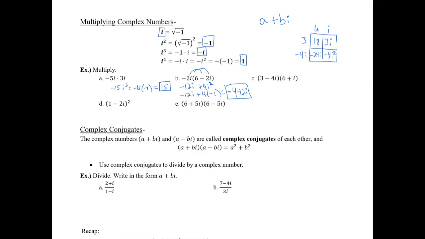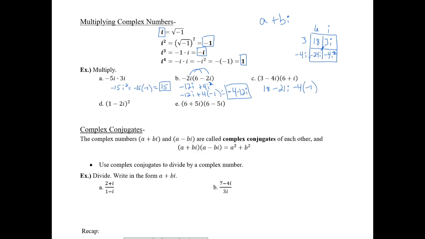And I need to simplify all this. So I have my 18 first. And then these are like terms: 3i plus a negative 24i. Well, I can add those. 3 plus negative 24 would be negative 21i. And then that negative 4i squared, we don't leave the i squared in our solution.